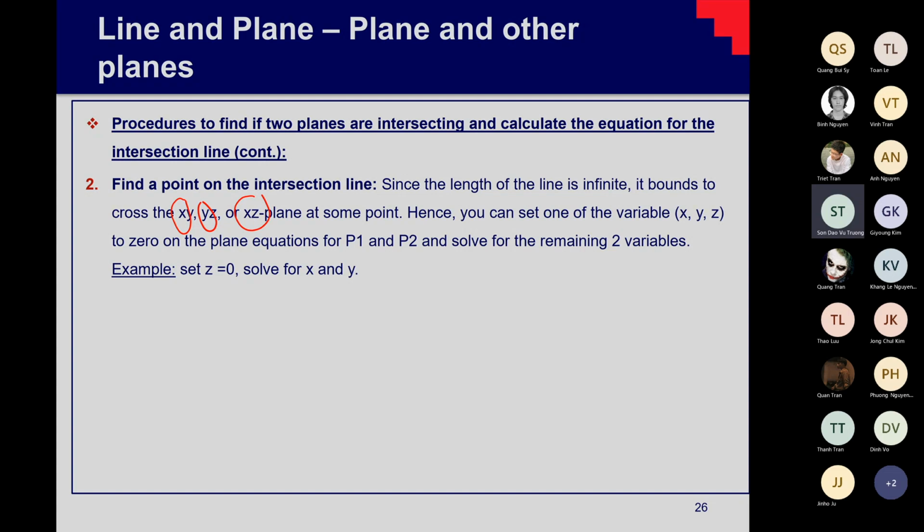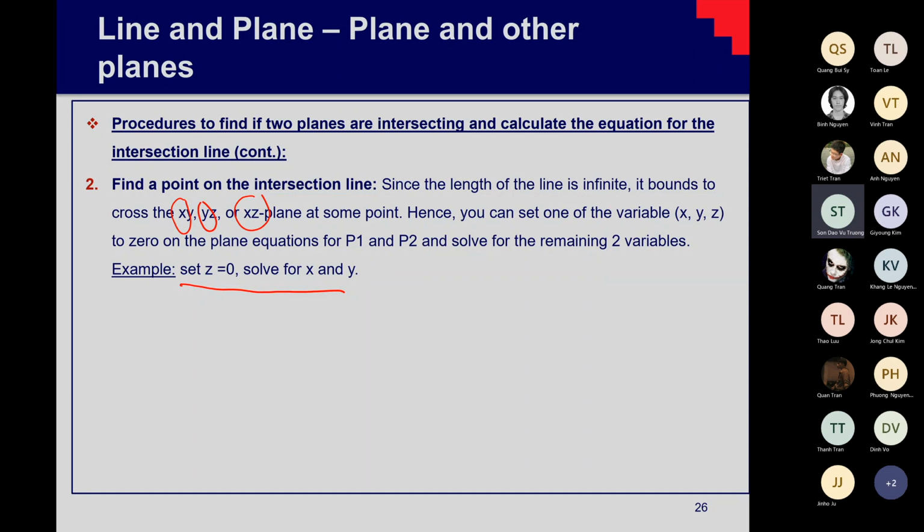Therefore, we can set one of the variables x, y, and z to 0 in the equations of planes P1 and P2, and we can solve for the remaining two variables. For example, we can set z equal to 0 and solve for x and y, or you can set x equal to 0 and solve for y and z.